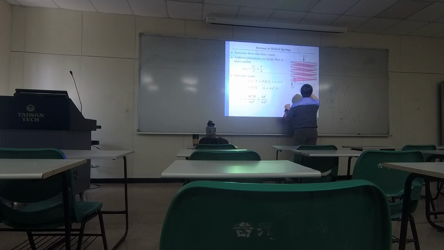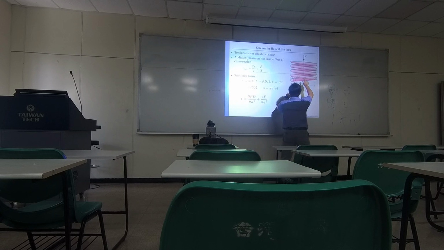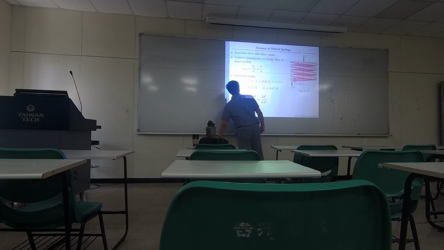That's capitalized D. And this is small r. So half of it is big D over 2. So the distance between a force couple generates this torque, and there will be a torsion right here to balance. So that's how you compute the torque. Okay?